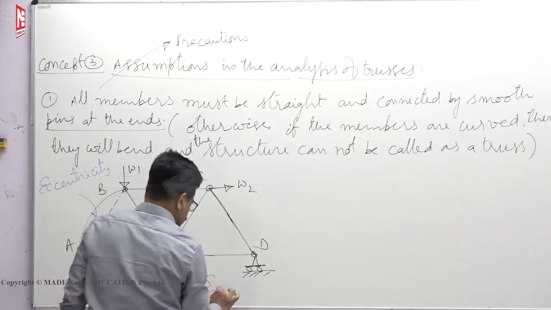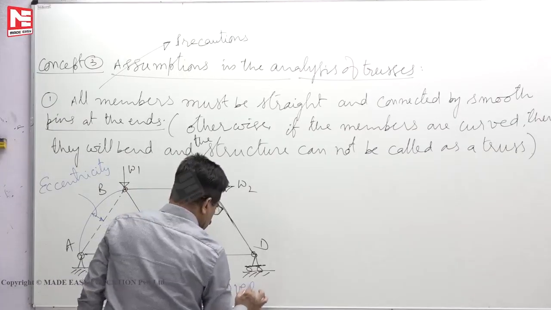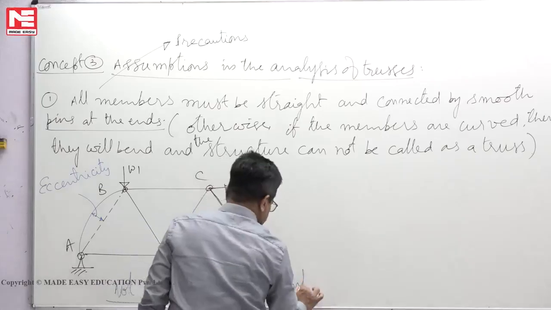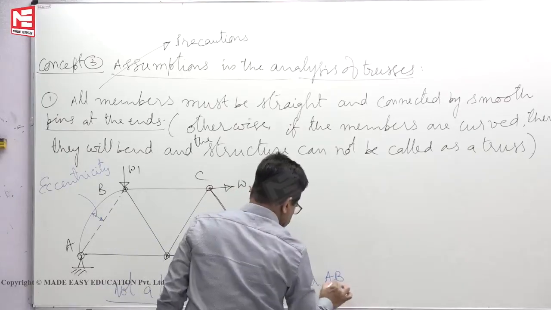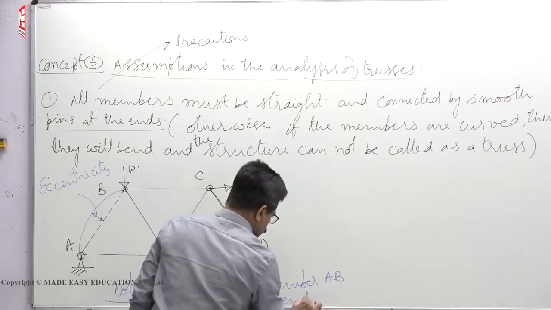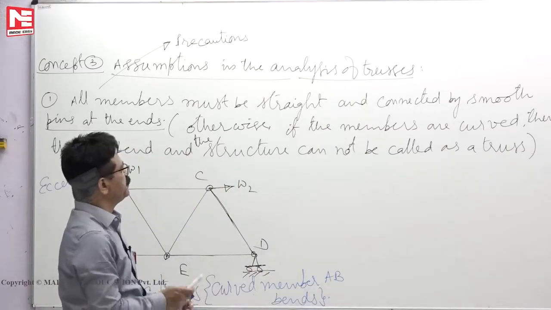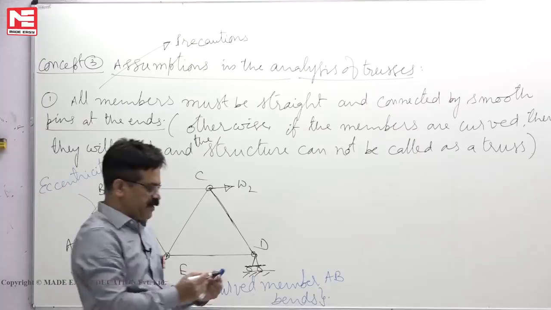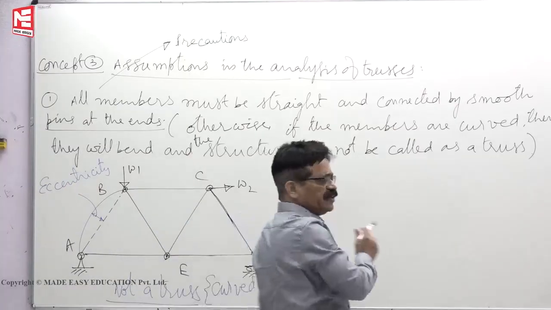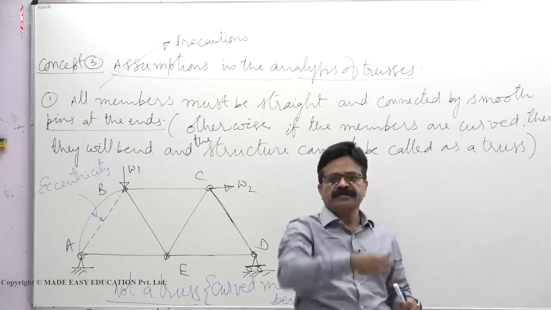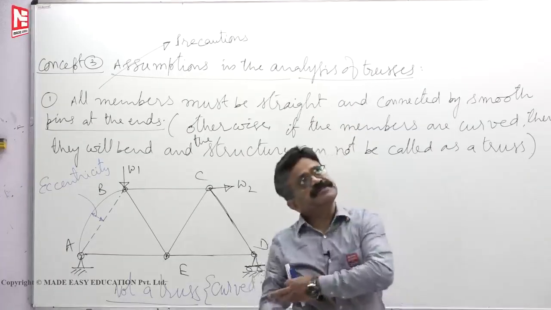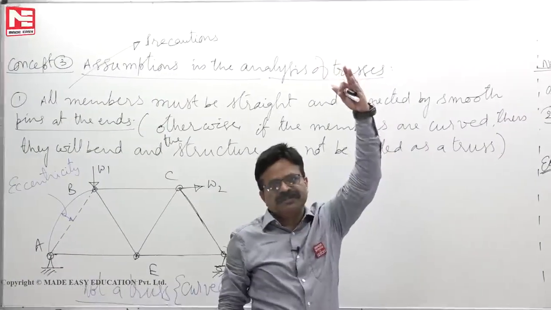Why not a truss? Curved member AB bends and must be straight, that's all, need not be prismatic. That means if you see airports, if you see trusses, sometimes 10 meters length also truss members will be there.